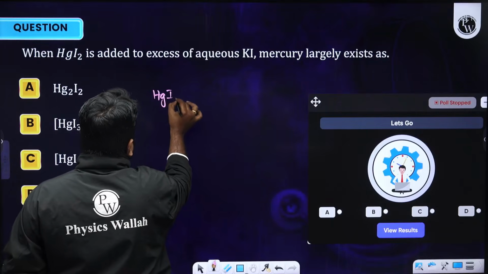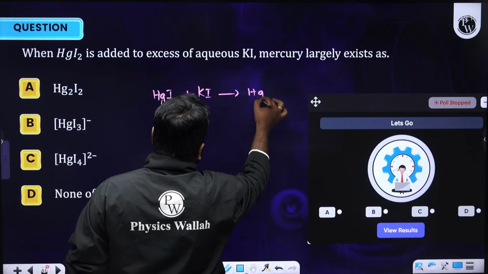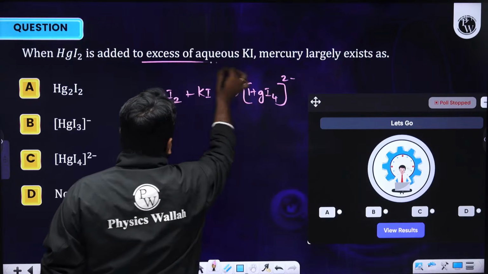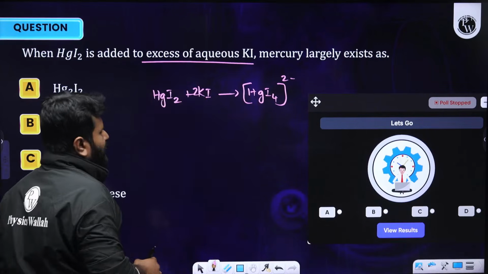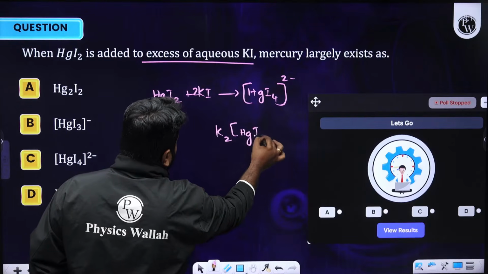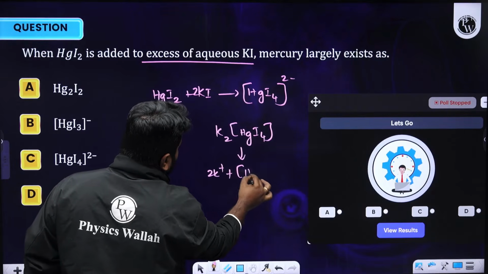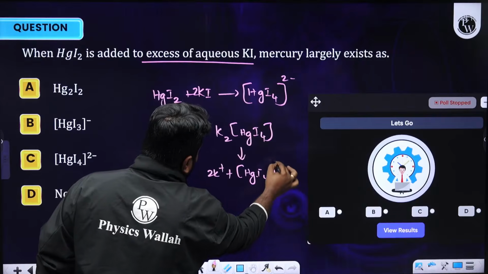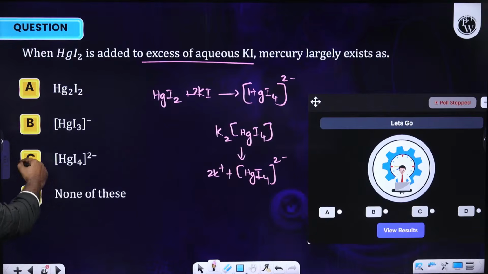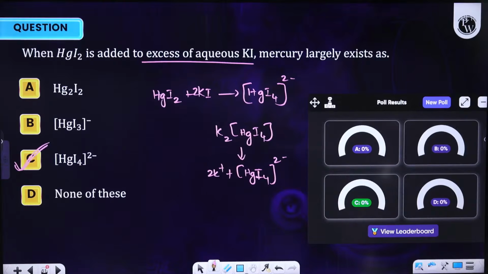HgI2, when it reacts with KI, automatically we will be getting HgI4 2-. They said excess of KI, 2 KI, so automatically we will be getting K2HgI4. This will dissociate as 2K+ and HgI4 2-. So what will be the correct answer? Option C is the correct answer.